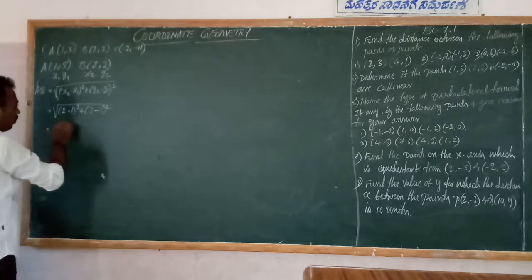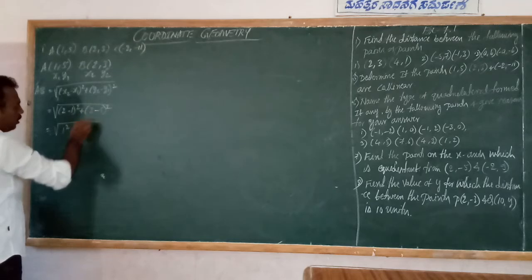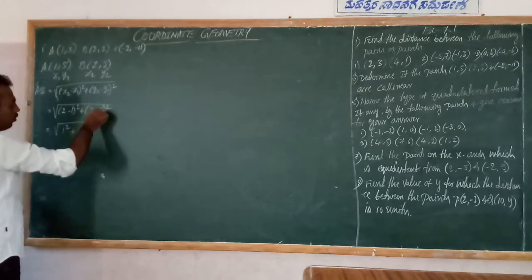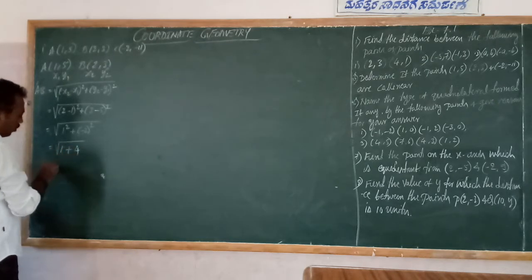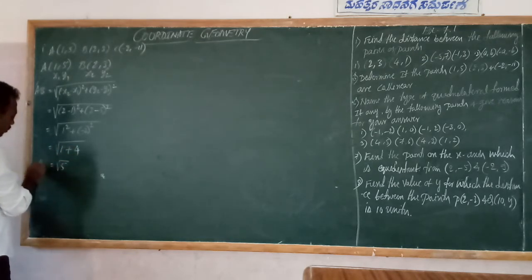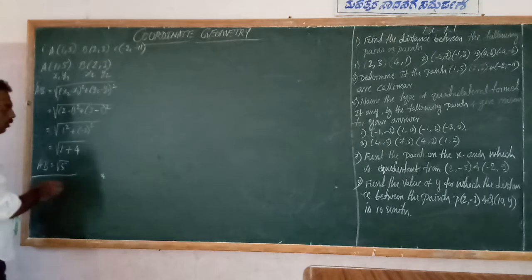So 2 minus 1 is 1 square, plus 3 minus 5 is minus 2 whole square. Square root of 1 square is 1, minus 2 whole square is 4. So square root of 5. The distance between A and B is root 5 units.